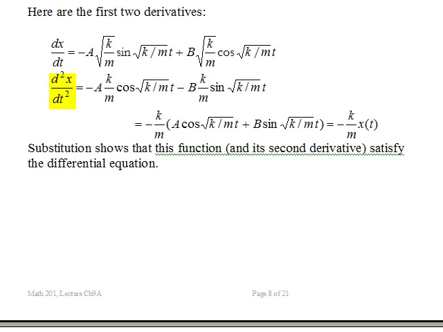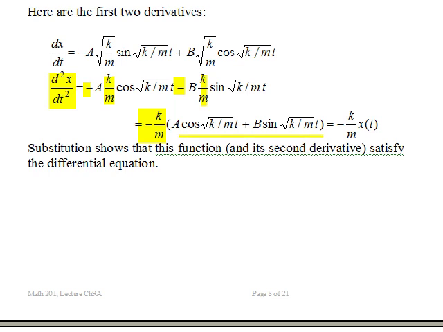When I take the next derivative, I get minus k over m times the cosine plus minus b times k over m times the sine. I'm going to factor out these terms, k over m, and the negative sign. When I do that, I have minus k over m times this.